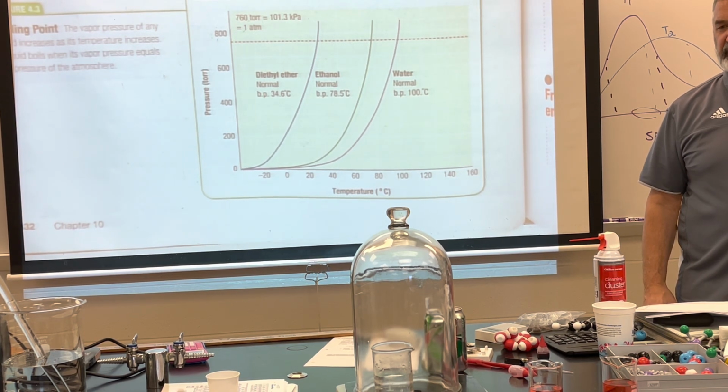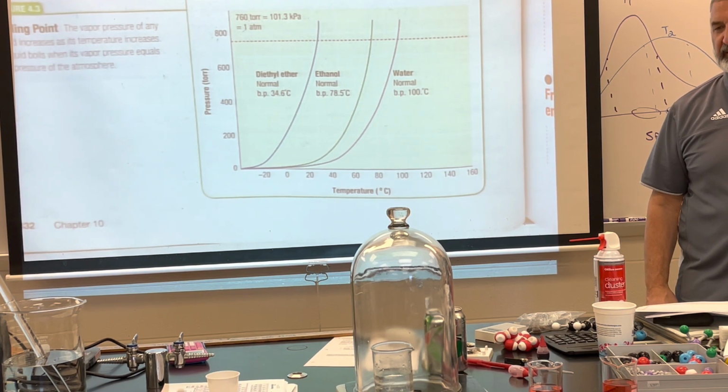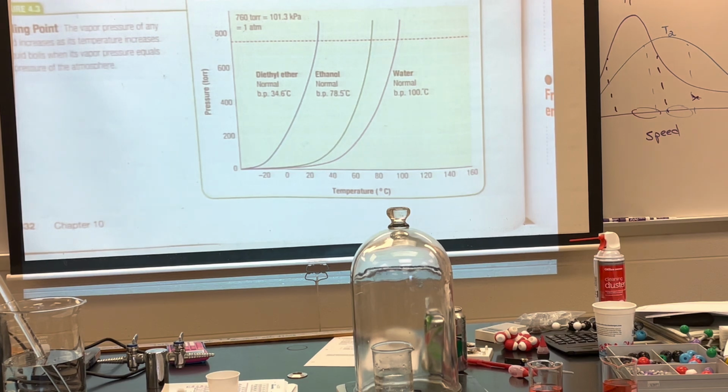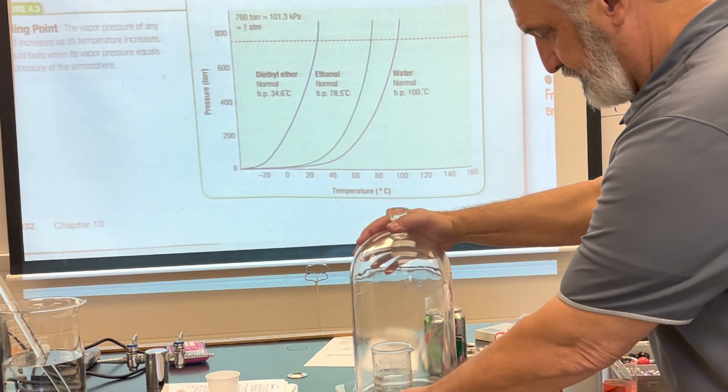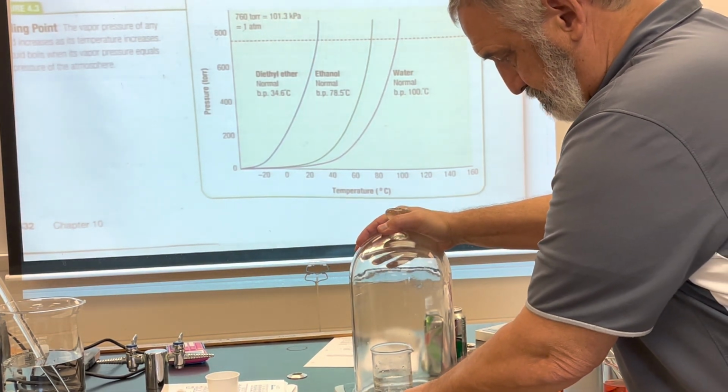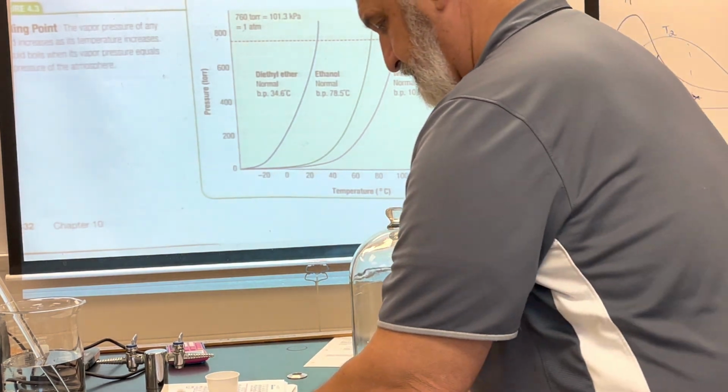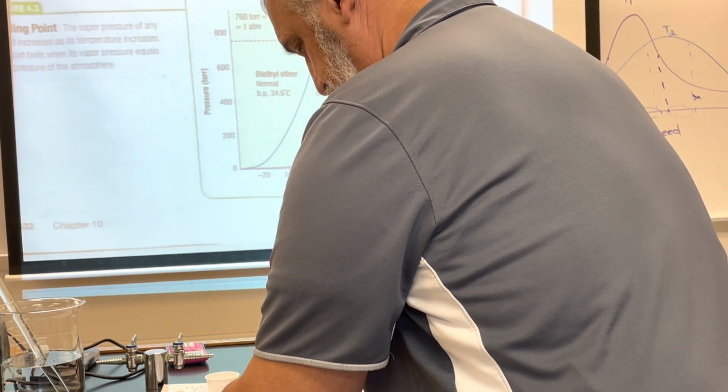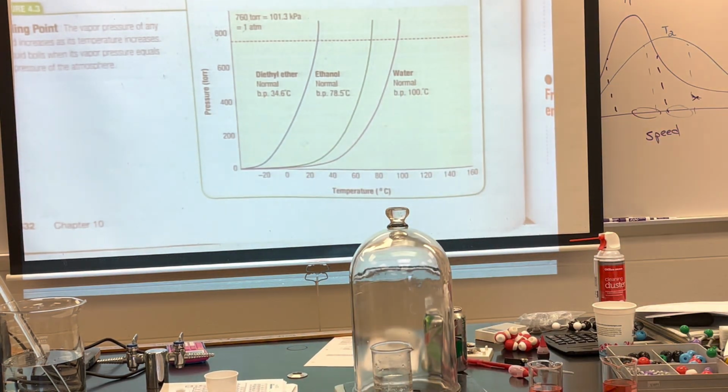Why do I have to use fresh water? Why do you do it like that? Because it's supposed to be boiling already. There we go. It's very strong. Well, it's going to speed up. It should.